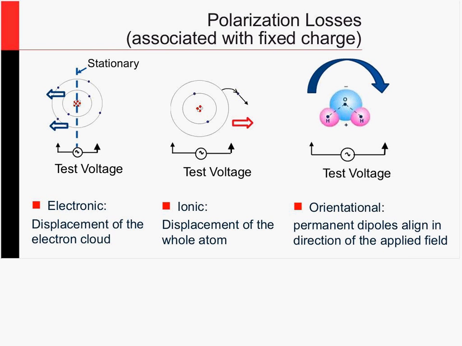Just to give you a sense of how these work, the first one on the left-hand side is called electronic polarization. So when you subject a material to an electric field, a test voltage, on an atomic level, what you're looking at is a picture of an atom here with a nucleus and then the electron rings around that.